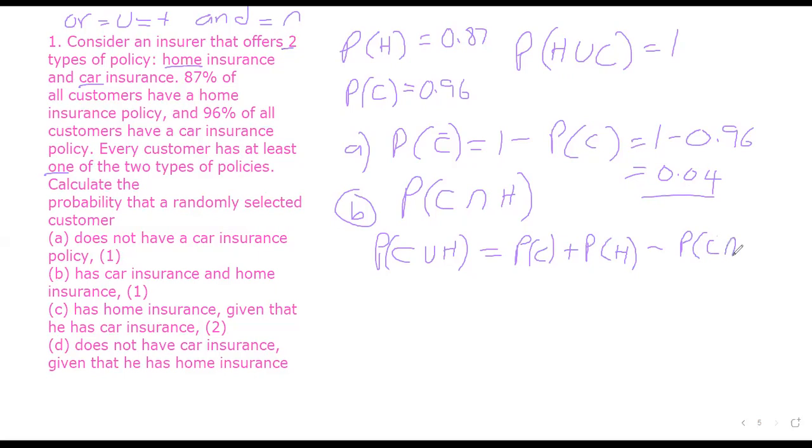We're told that all of them have at least one policy. So where there is the union set, we're going to put 1. For the probability of C, 0.